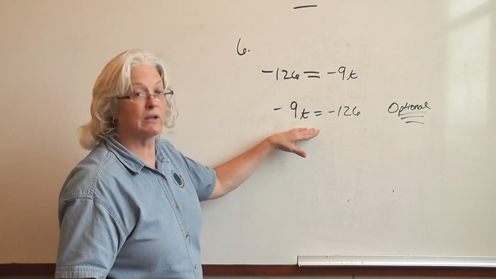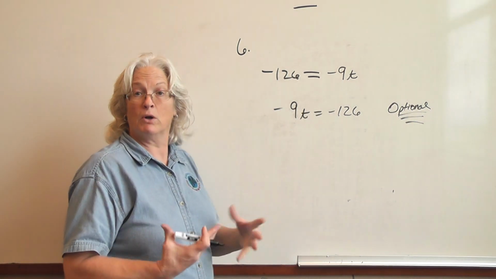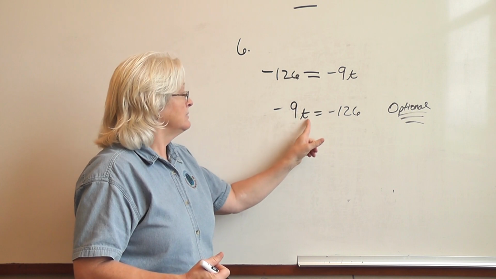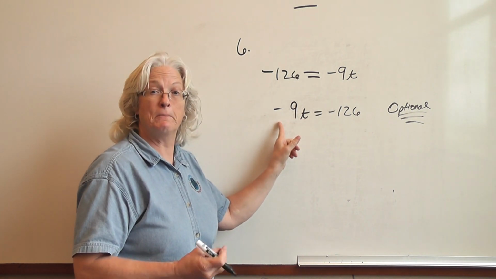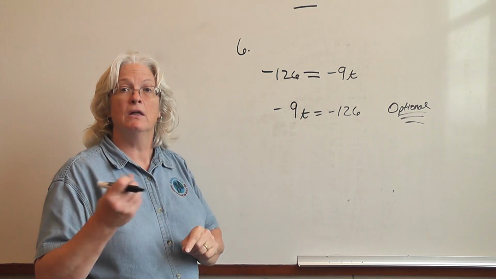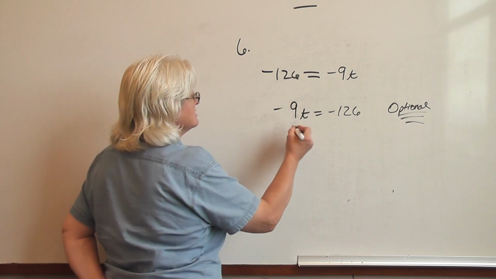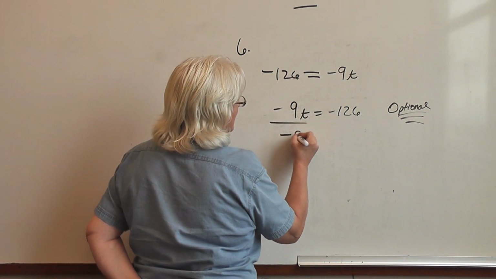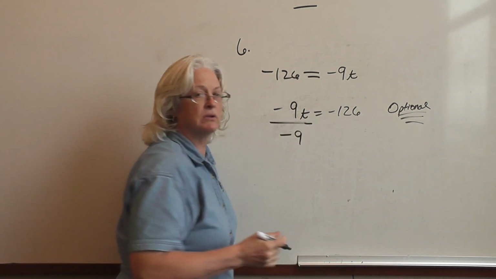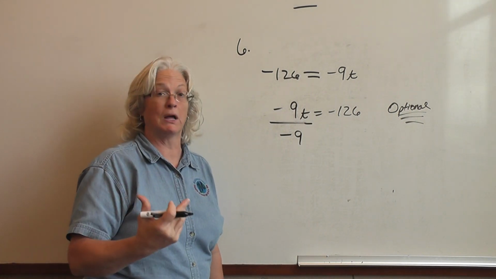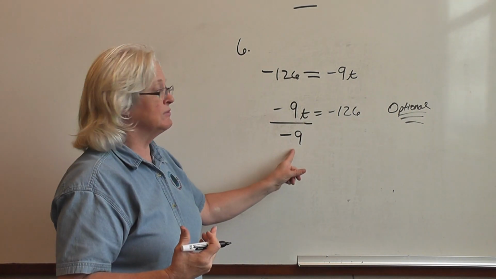Now, you look at the t, at the variable, and say, what's happened here? Well, t has been multiplied by a negative 9. The inverse of multiplication is division, so we are going to divide by exactly the same amount that t was multiplied by, which is a negative 9.